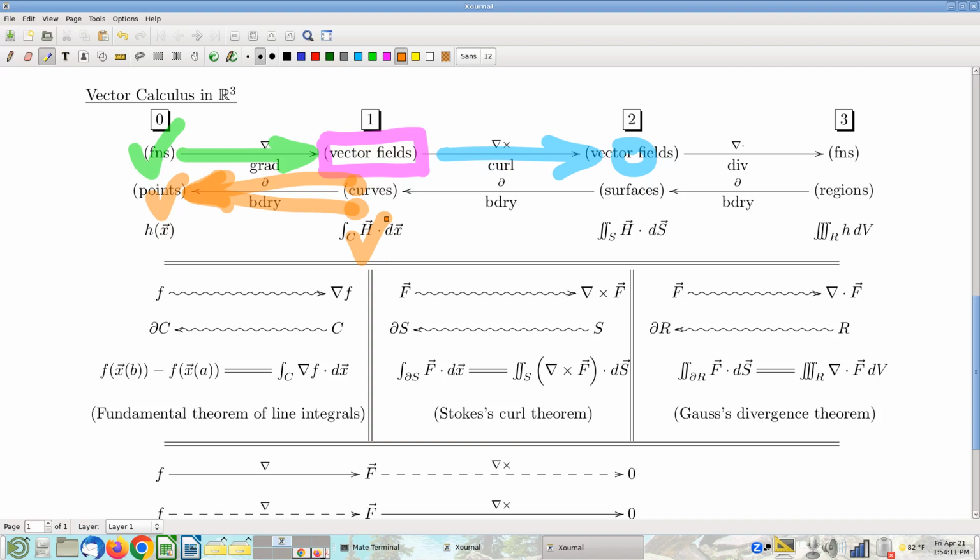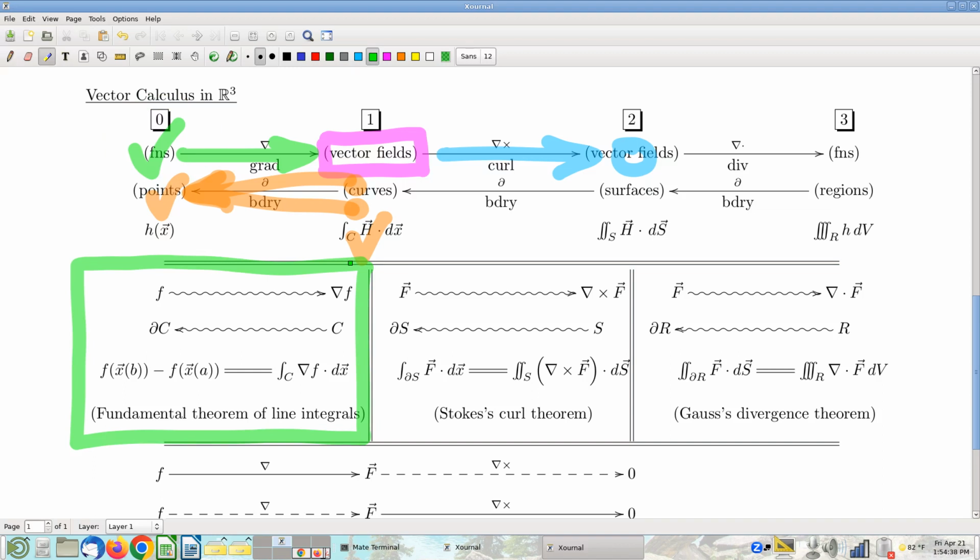These are the ones I'm calling here the special vector fields. Now, keep in mind, if you have a gradient field, that means the vector field has an anti-gradient. That's what this is. And once you have that, that means that you can use this theorem. So an alternative to path independence is just the use of the fundamental theorem of line integrals.